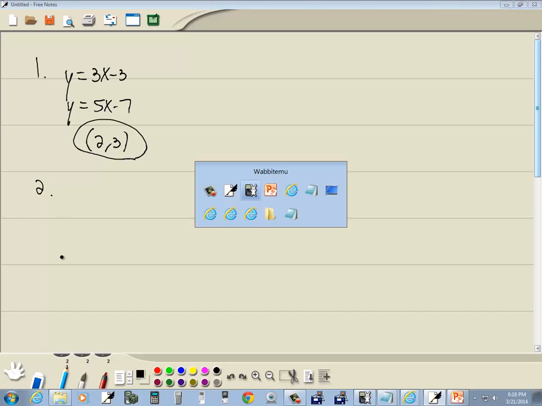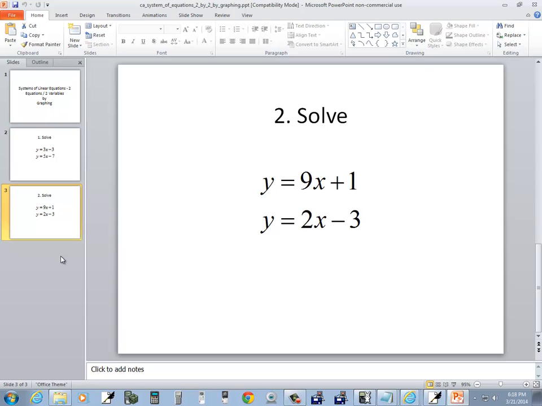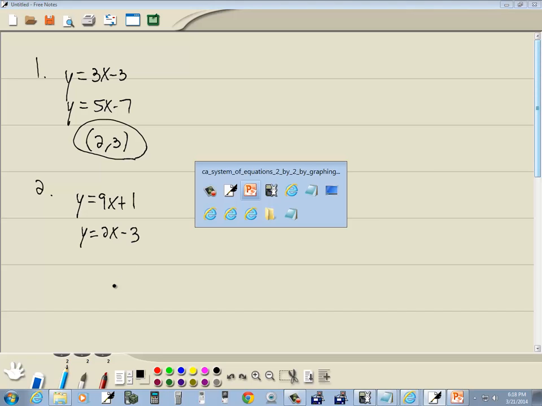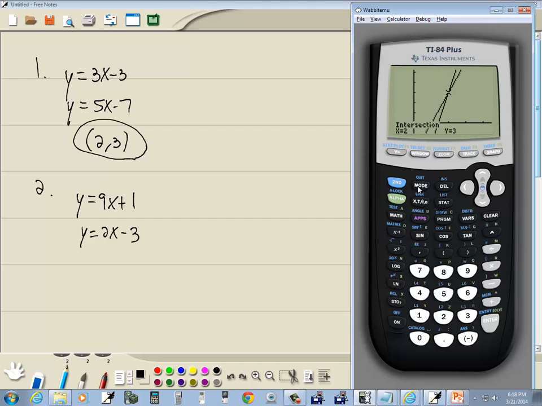Okay, let's look at our second one. I've got both of these already solved for y, because really that's about the best time to use this technique. y is equal to 9x plus 1, and y is equal to 2x minus 3. Now, I did a zoom box earlier, so before I start this problem, I'm going to do zoom and choose 6 for ZStandard.